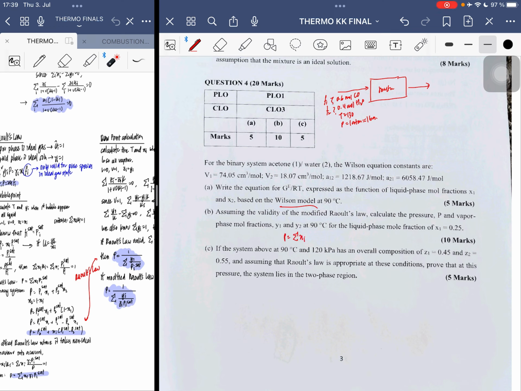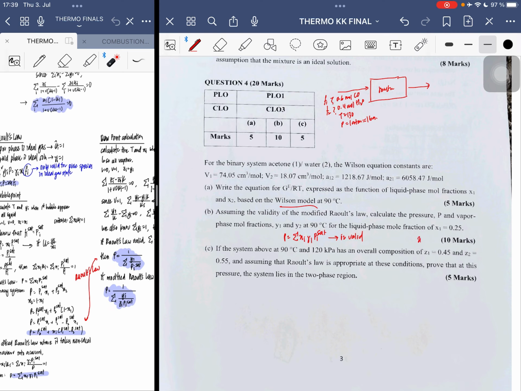If it's valid, then you can use this equation. Then they want the pressure and vapor phase mole fraction, given that the liquid phase mole fraction is x1 = 0.25, so your x2 will be 0.75.